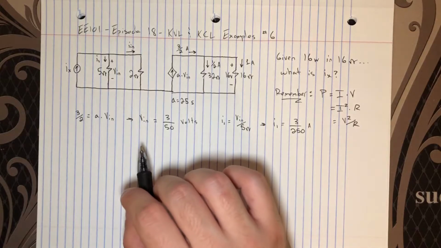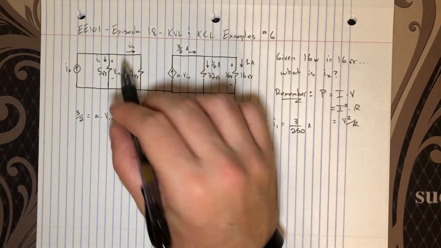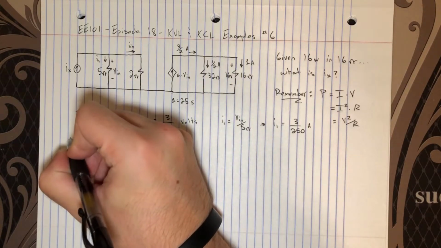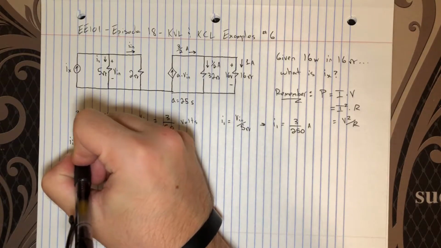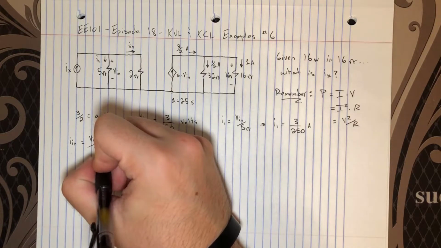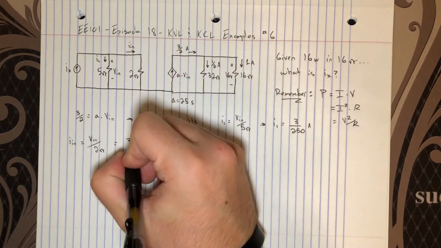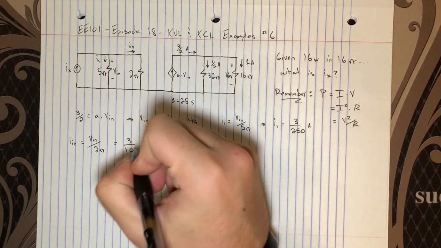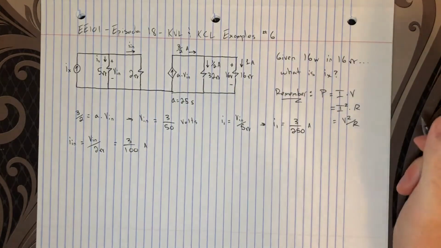Now I can solve for the current In, which I know will be equal to Vn over 2 ohms, which is 3 over 100 amps.